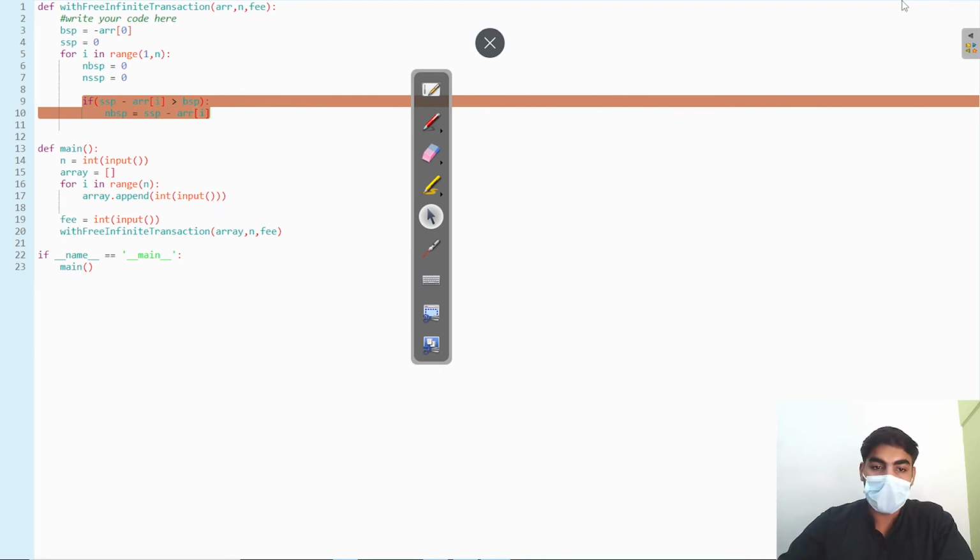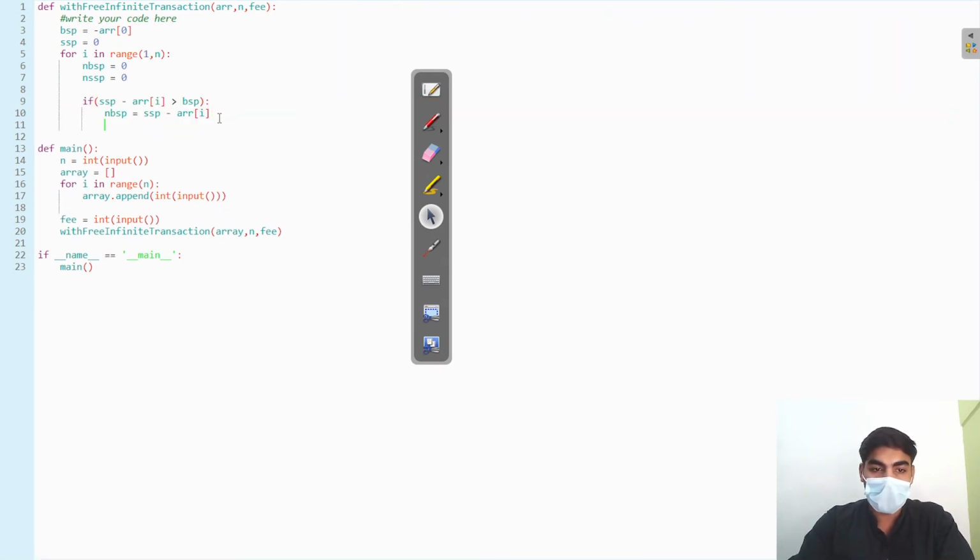So I write the first condition, and in the else condition, new buying state profit is equal to buying state profit.